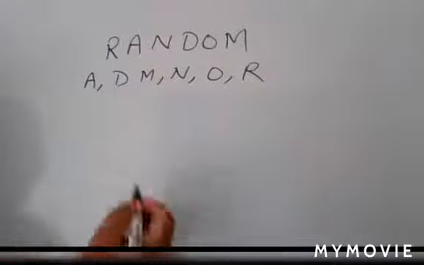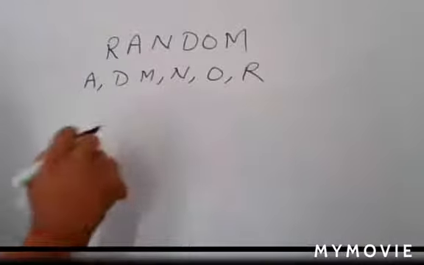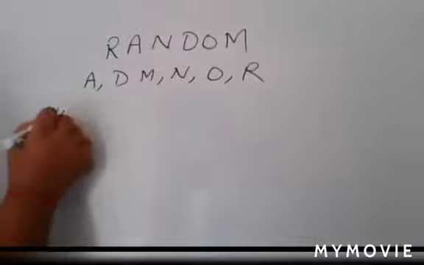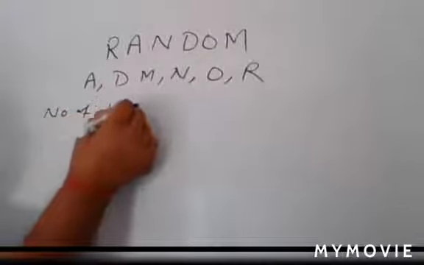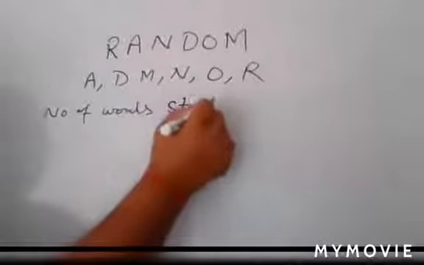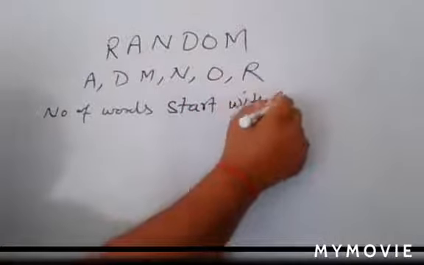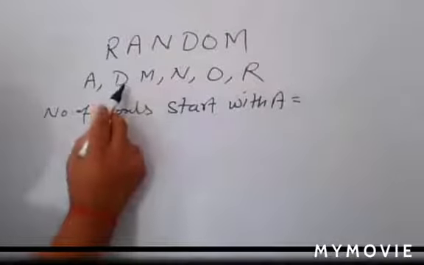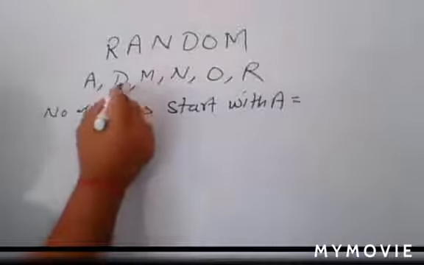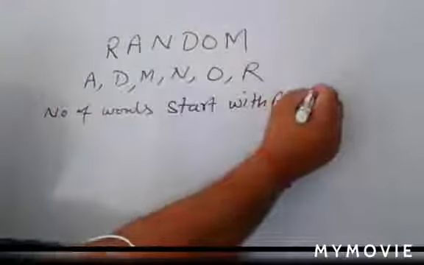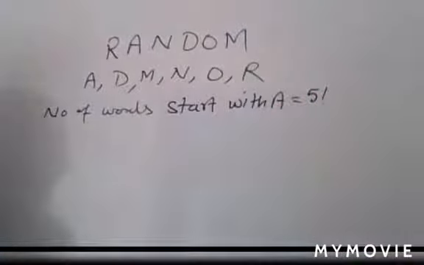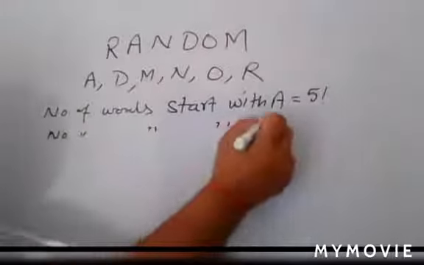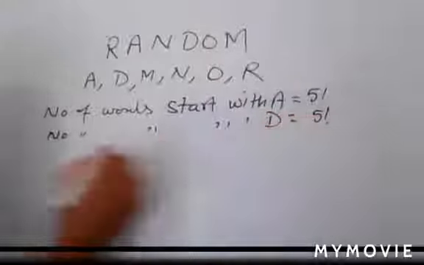First you write the number of words that start with A. If you fix the position of A, how many letters are there? 1, 2, 3, 4, 5, so that is factorial 5. Now the number of words that start with D is also factorial 5.